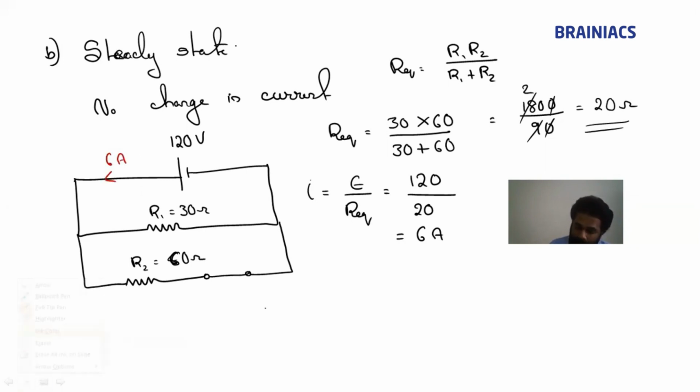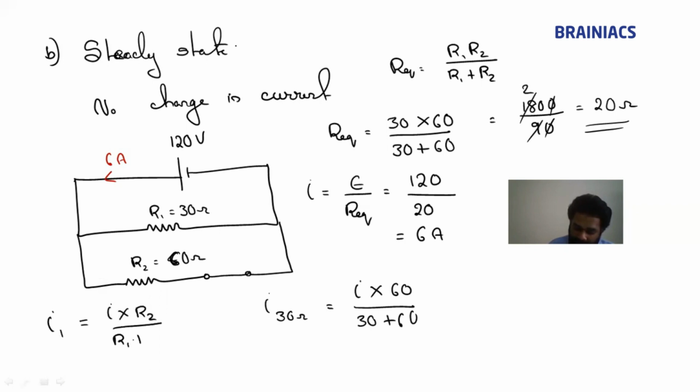Now we will find the current through 30 ohm. It is the total current into the opposite resistance 60 divided by 30 plus 60, our current division rule in current electricity. I1 is I into R2 divided by R1 plus R2. Opposite side resistance we take.